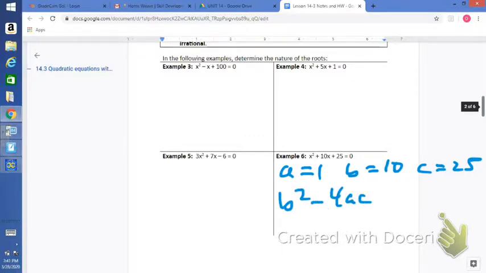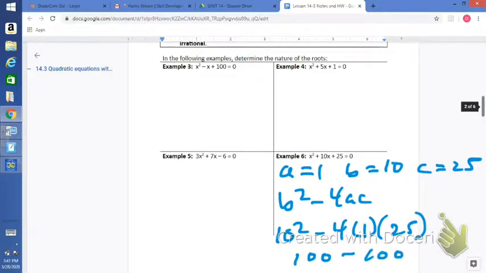So we have b squared minus 4ac. So we have 10 squared minus 4 times 1 times 25. So you're going to have 100 minus 100, and that equals 0.